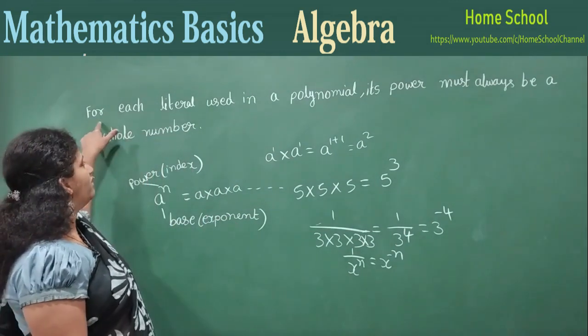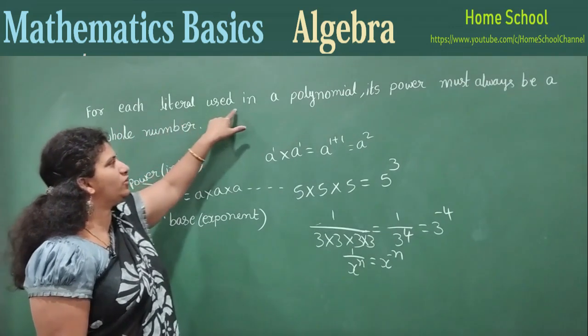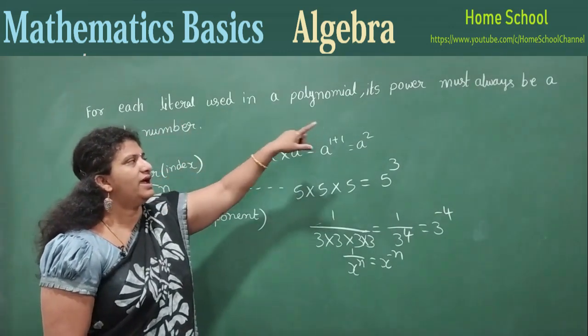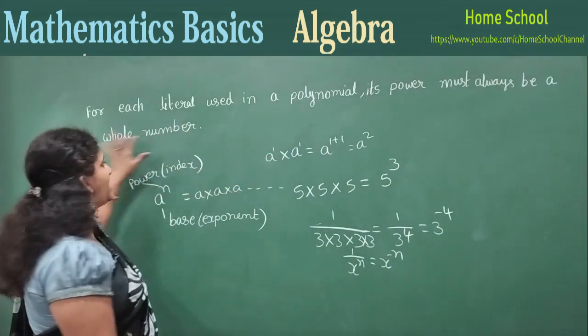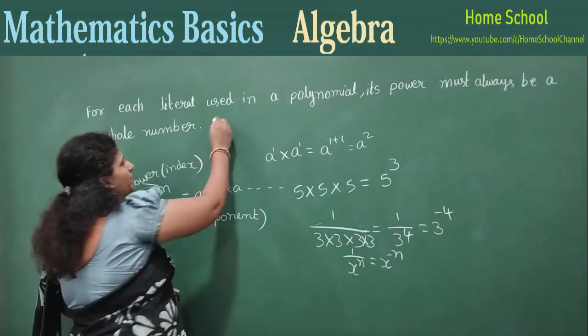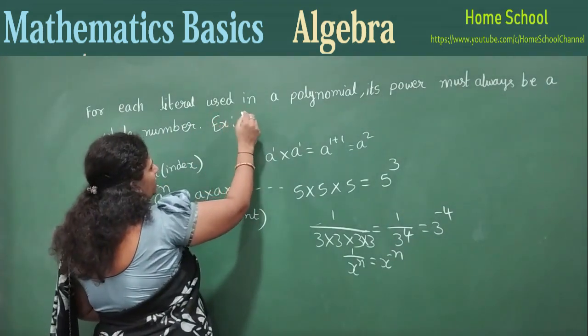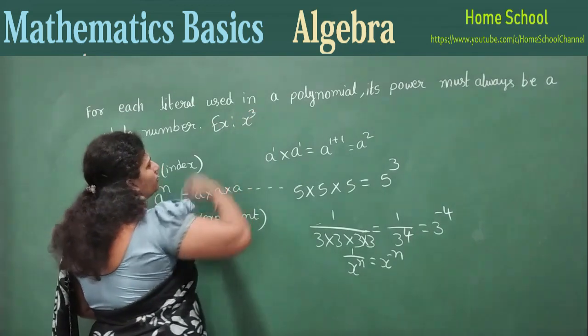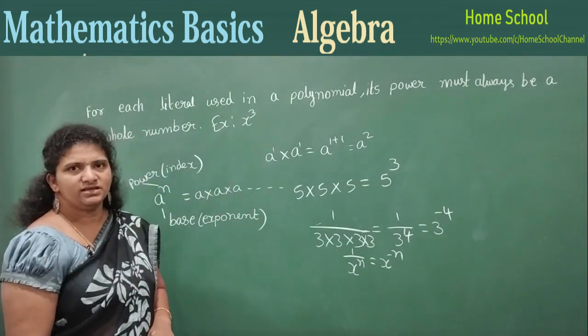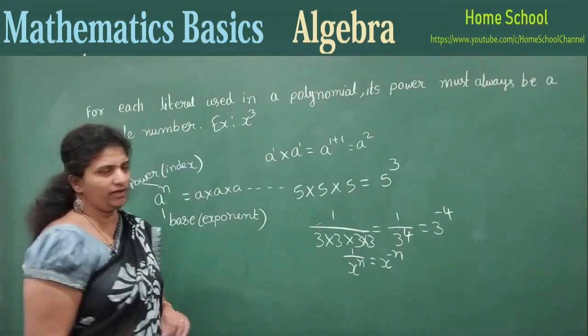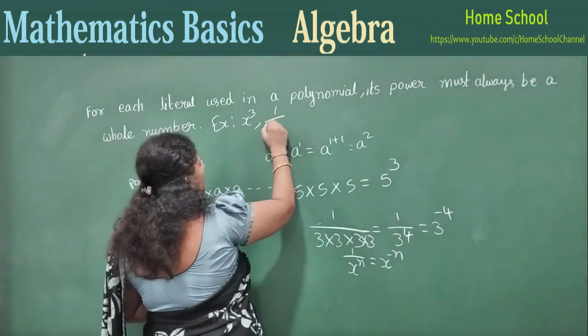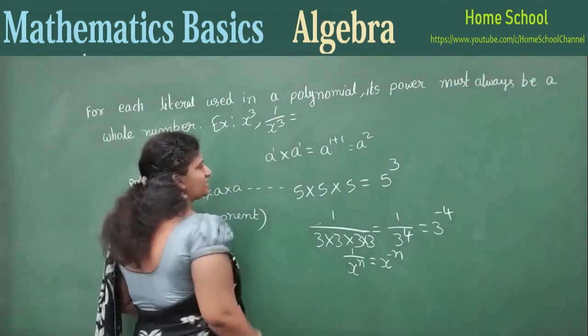So look here. For each literal used in a polynomial, its power must always be a whole number. Example, suppose I take x cube. Yes, it is a polynomial. The same thing, if I write 1 by x cube, what happens here, children?